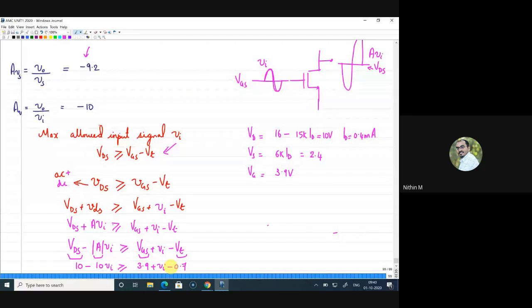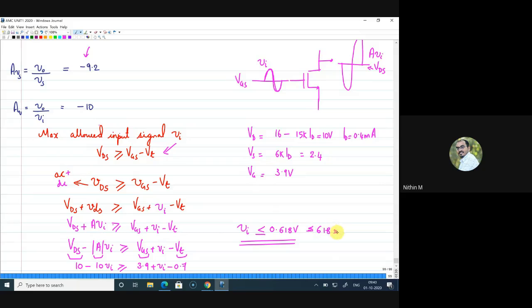So if you solve, you will get Vi should be less than or equal to 0.618 volt, or it is 618 millivolts. Your input signal cannot be more than 618 millivolts.